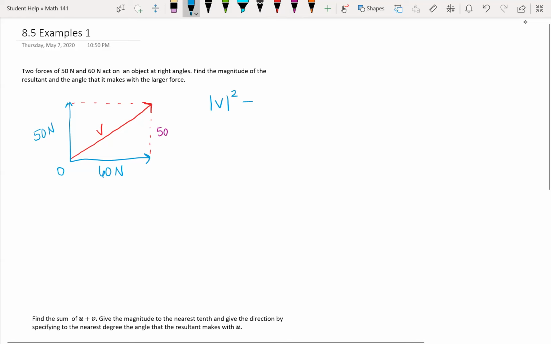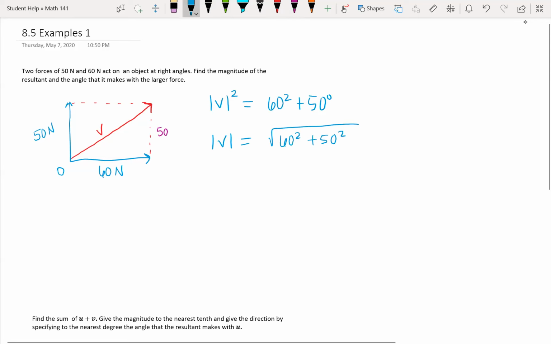The length of that vector squared, or the length of the hypotenuse squared, is going to be the same as 60 squared plus 50 squared, taking the two sides of the right triangle that's created. Or just the length of the vector, which is what we're trying to find, is the square root of 60 squared plus 50 squared.